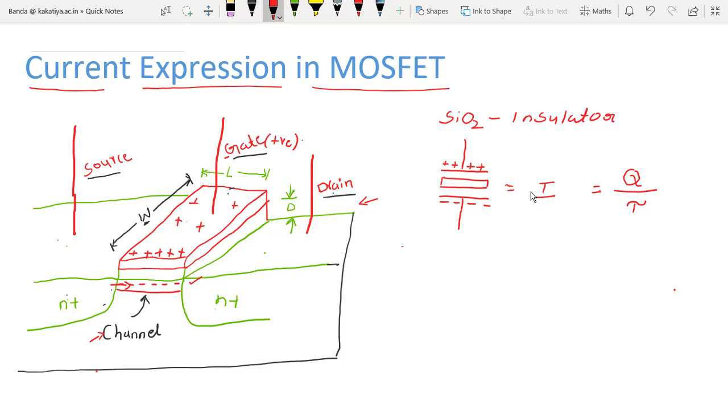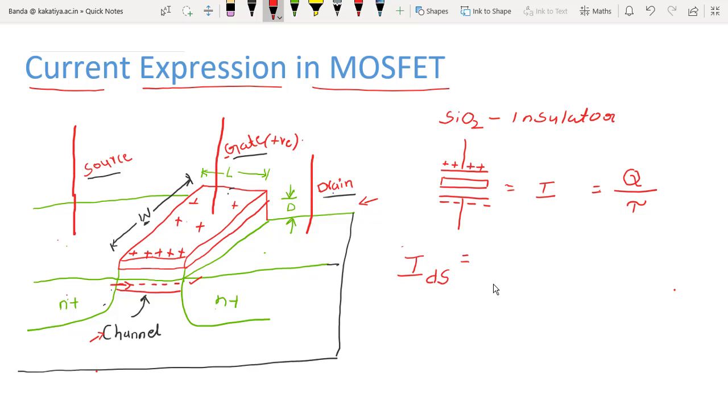If we apply the same formula to the MOSFET, then we can derive the current expression in the MOSFET also. Here the current is not a direct I, but the current traveling from the source to the drain, so we note it as IDS.